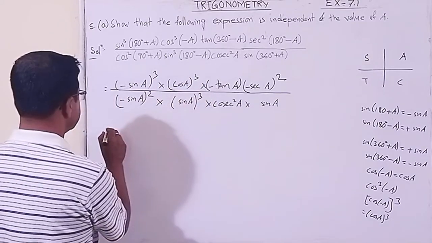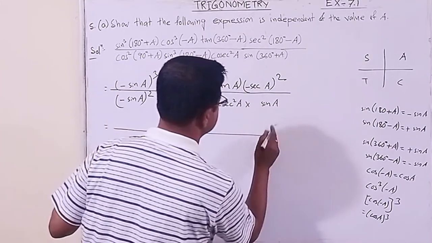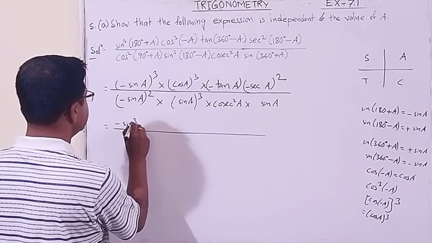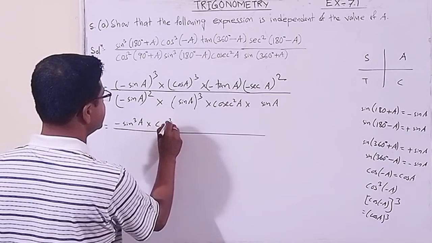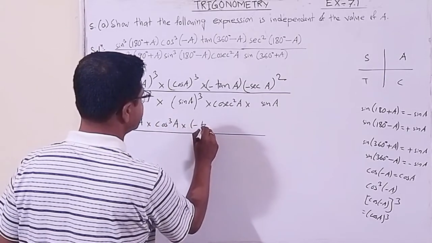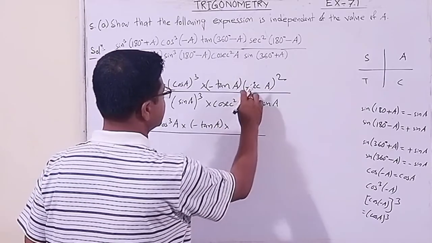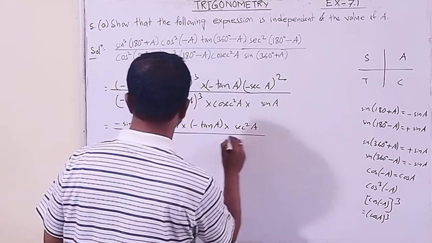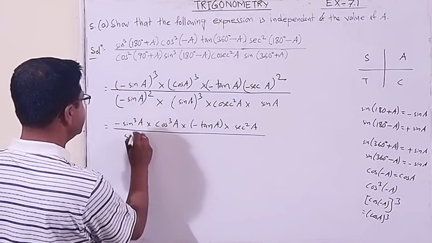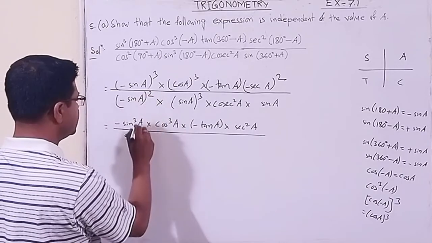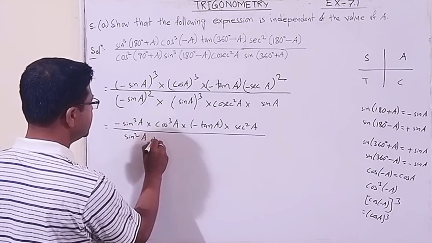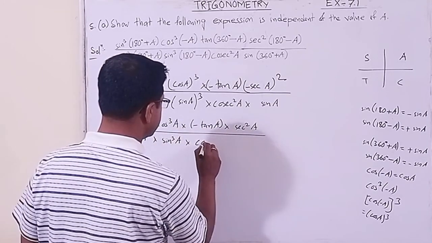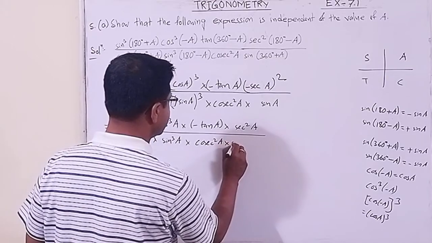Okay, now let us simplify it. The main part we have done. So this is minus sine cube a, this is cos cube a, minus tan a. Then minus sec a square, so it is plus sec square a. Then this is sine square a, minus sine, and the power is an even number, so it is positive. This is sine cube a, cosec square a, sine a.